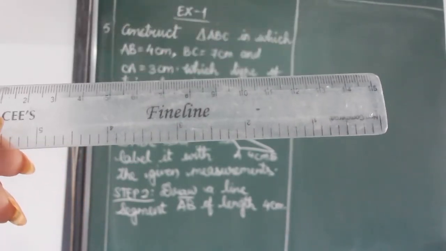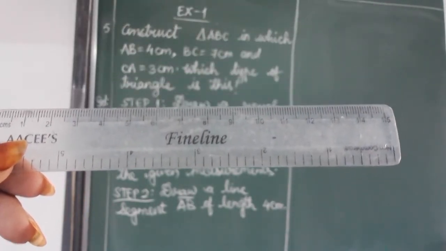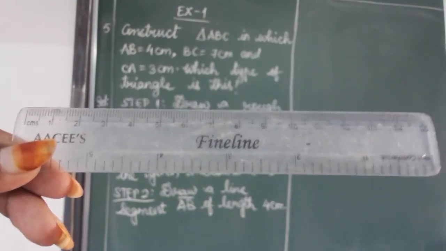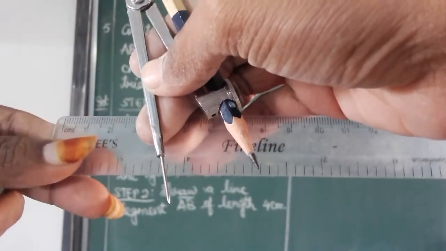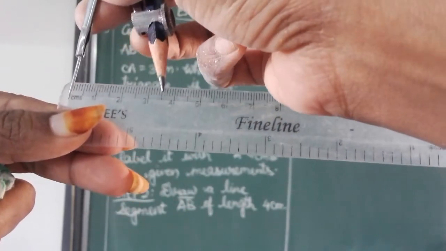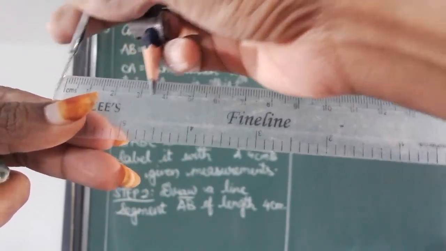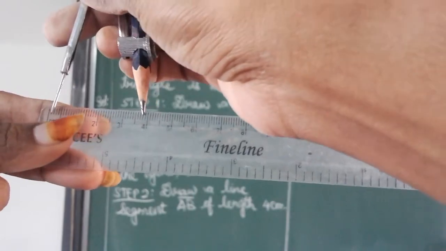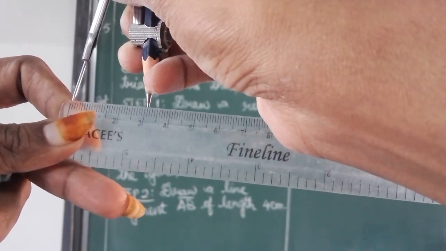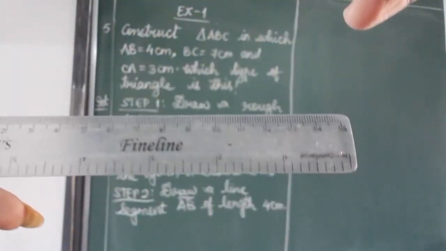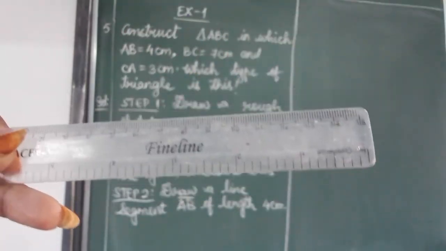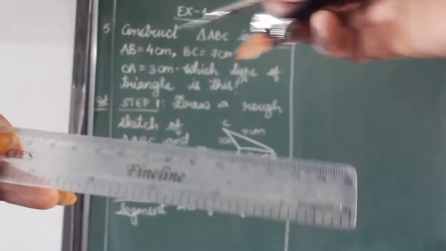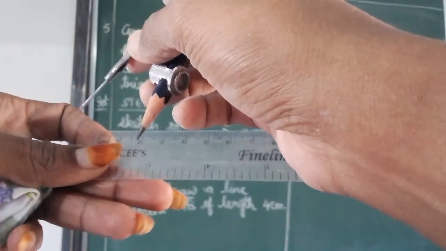Now the next thing we have to do is take A as the center and draw an arc of 3 centimeters. So use your scale and your compass and measure 3 centimeters. Now taking A as the center, draw an arc. Then the next length is BC equal to 7 centimeters.